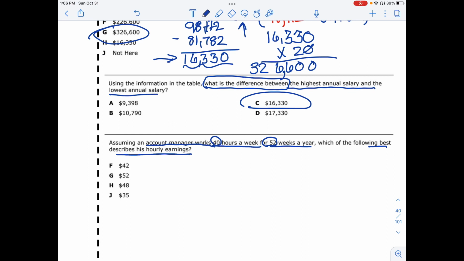He works 52 weeks a year and 40 hours a week, so we need to take 52 and multiply this by 40, which gives us 2,080. So he works 2,080 hours a year. And then we're going to divide his salary by that.